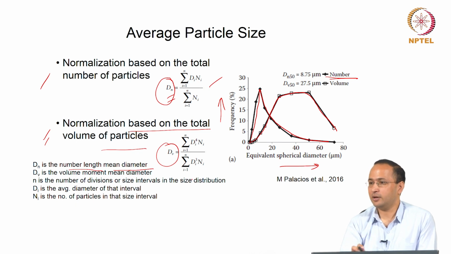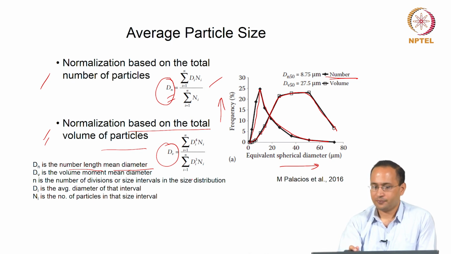That is why it is very important to pay attention to the basis. Lot of papers will not even mention what basis they have used, but the difference between number of particles and volume of particles clearly shows it is the same data.